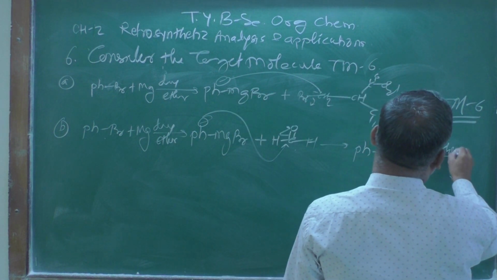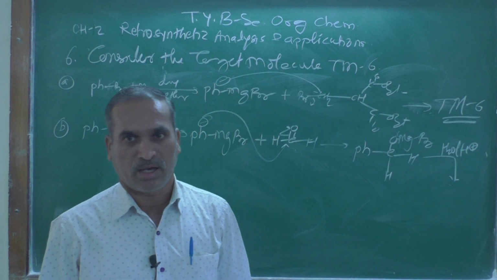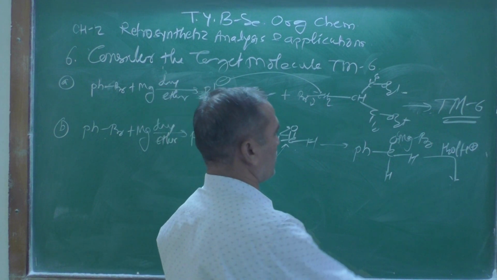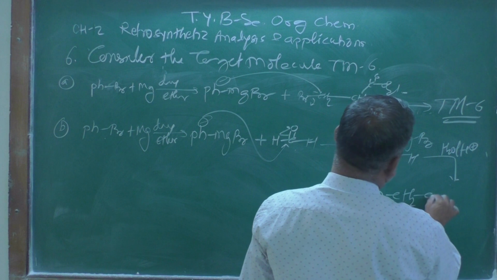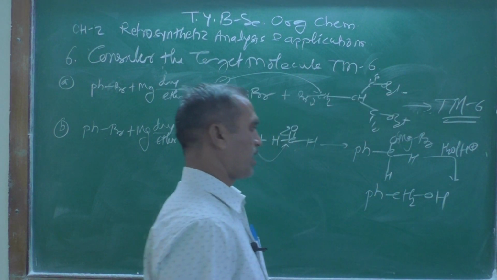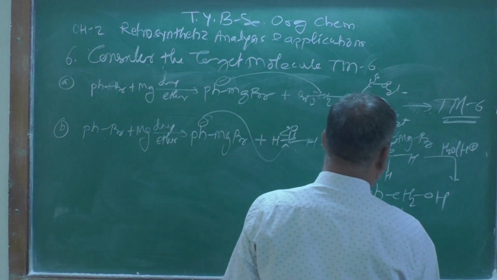After the hydrolysis with H2O in presence of H plus, I am going to get here PhCH2OH, that is benzyl alcohol, right?